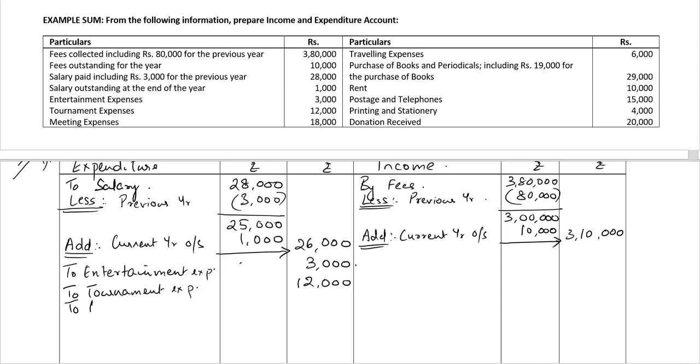To meeting expenses, 18,000 rupees. To traveling expenses, 6,000 rupees.